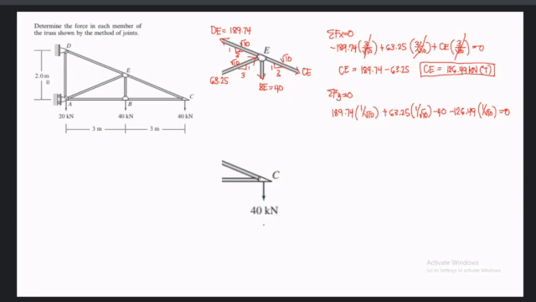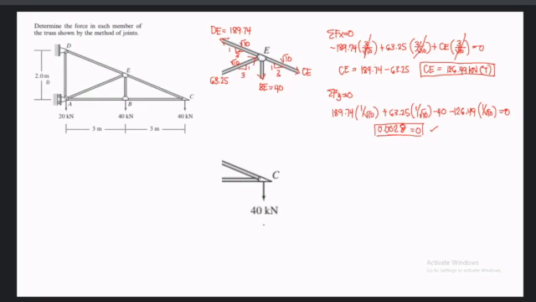Nag-0 ba? Okay, so that's 0.002. So 28, no? So equal to 0. So acceptable. So dito pa lang tama na yung sagot mo kasi tumama na yung summation Fy natin.